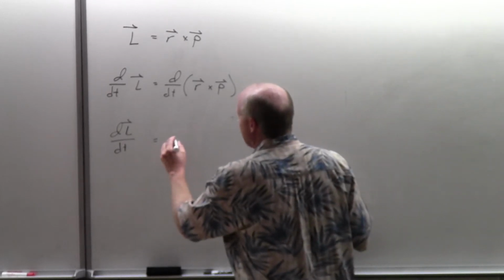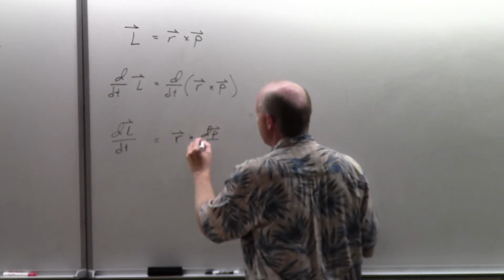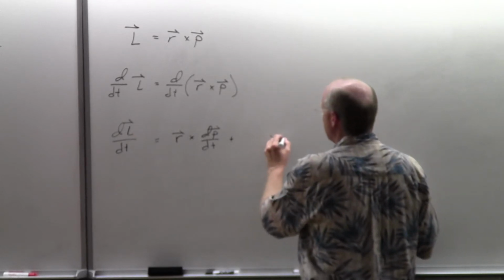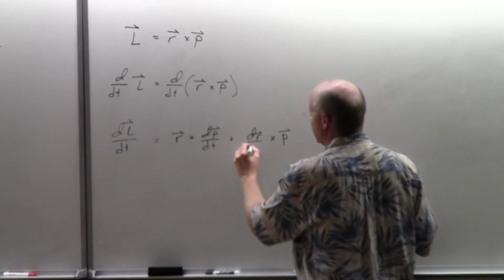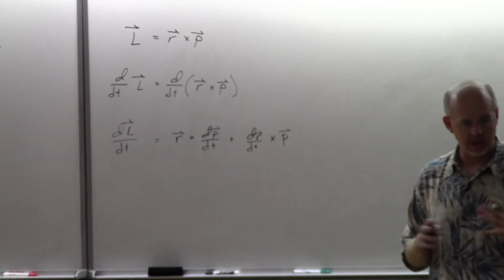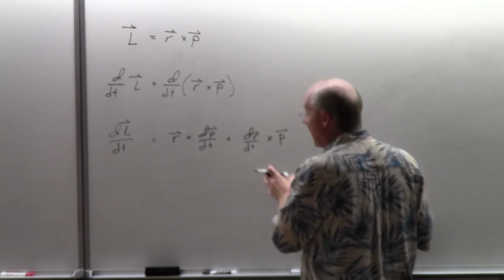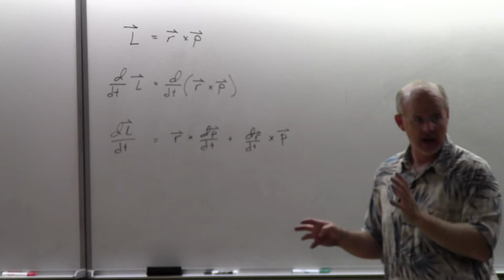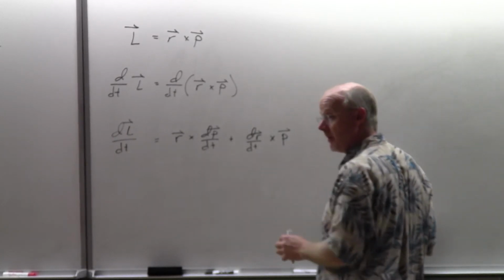What you do is you take the first times the derivative of the second, plus you've got the second and the derivative of the first. And so isn't that the product rule you learned in your calculus? It becomes two terms. In this case, you better leave them in the same order, because remember, we can't switch the order of the multiplication. So I left them in the same order. But here I'm taking the derivative of the second one. Here I'm taking the derivative of the first one.